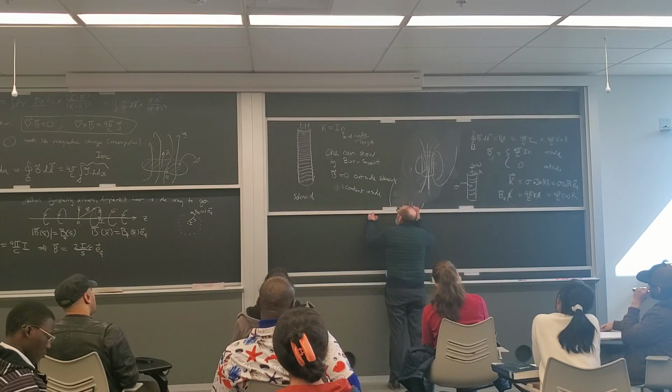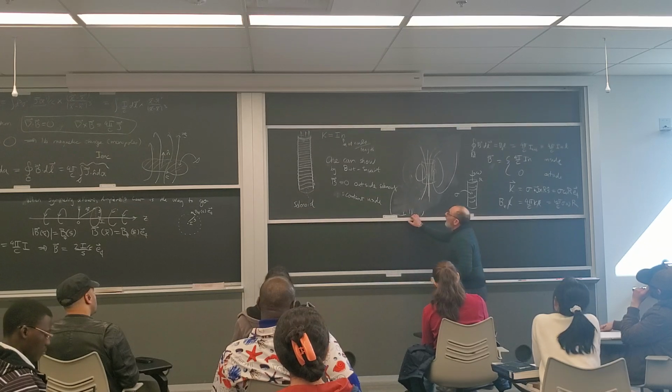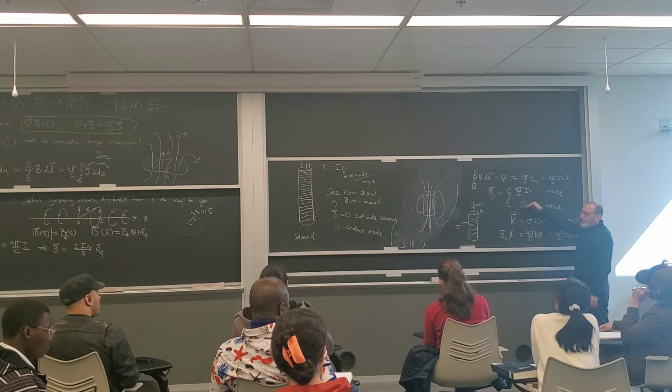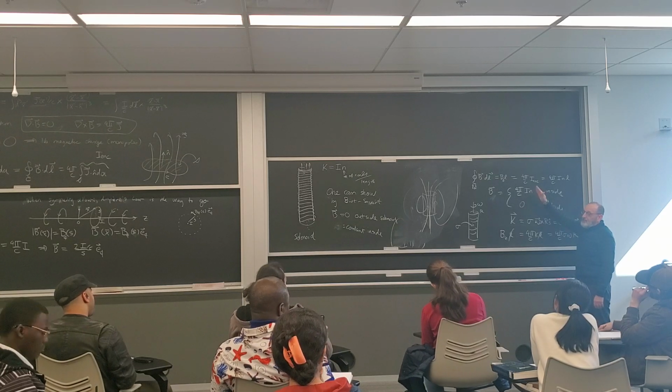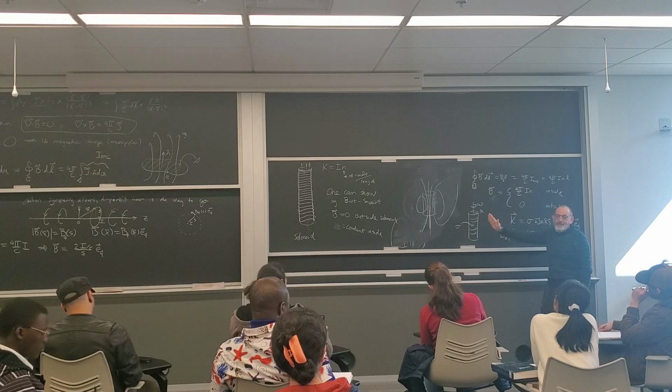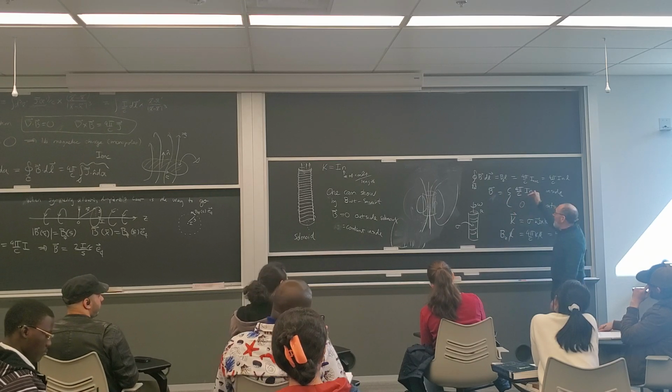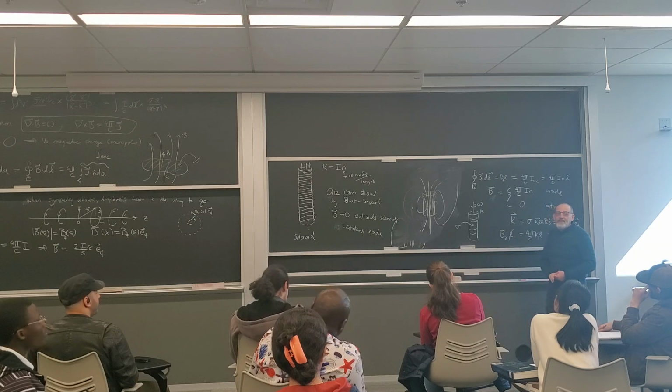All right, good. Now, one of the things we notice here is that there's a discontinuity. The magnetic field is something inside the cylinder, and then right outside the cylinder is something else. And so the magnetic field is discontinuous.